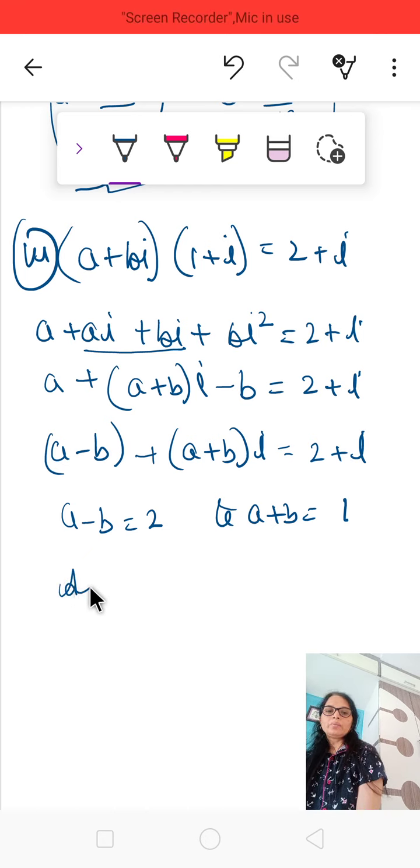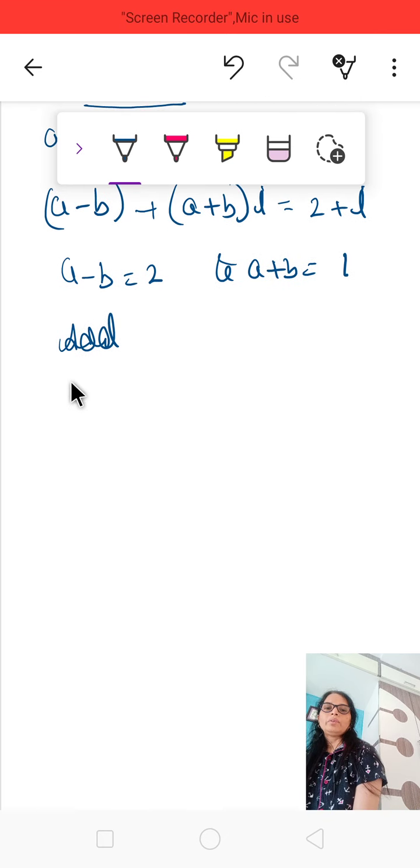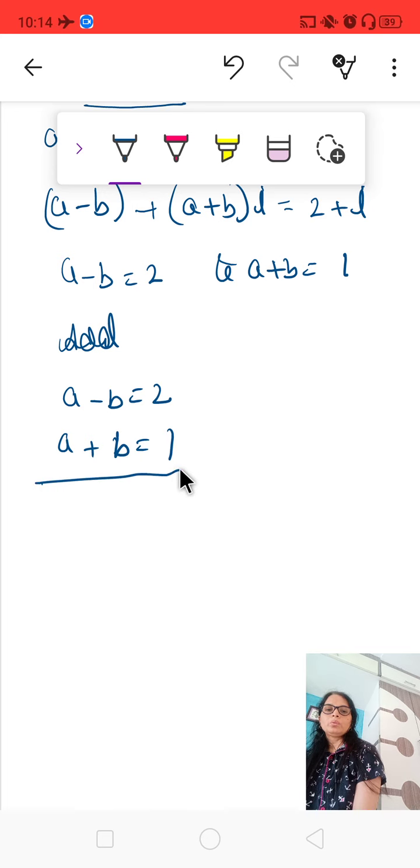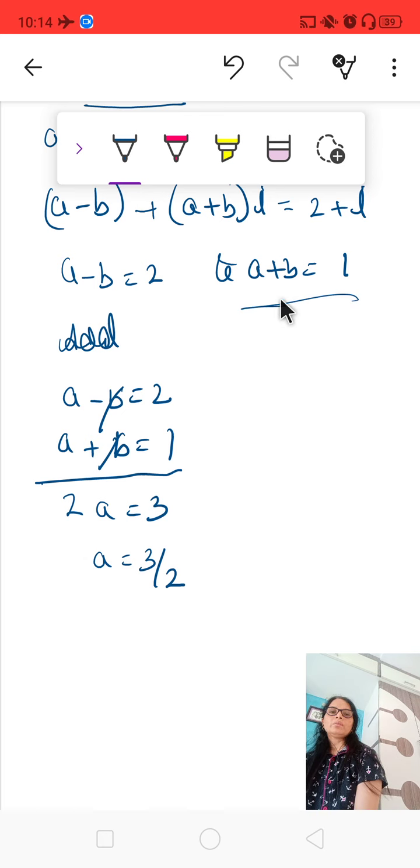Again addition of these two linear equations. So I will write like this: a minus b is equal to 2 and a plus b is equal to 1. So b gets cancelled. Here I will get 2a is equal to 3, a is equal to 3 by 2, and substitute this value in any one of the equations. I am substituting in this one.